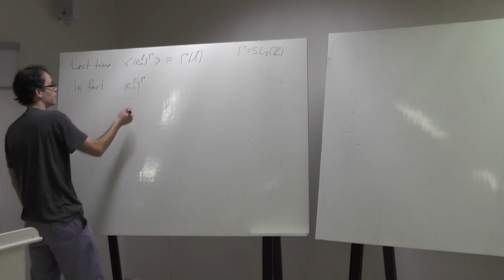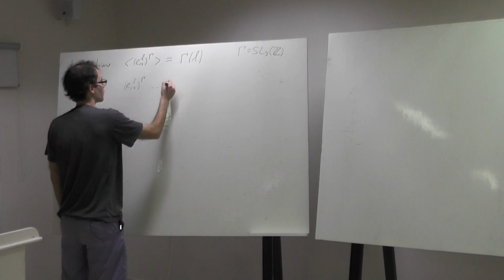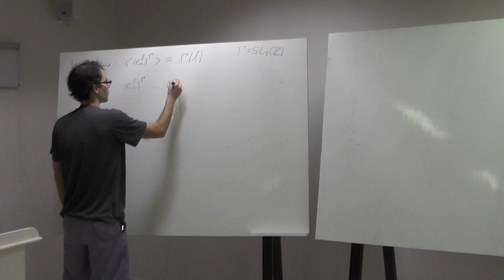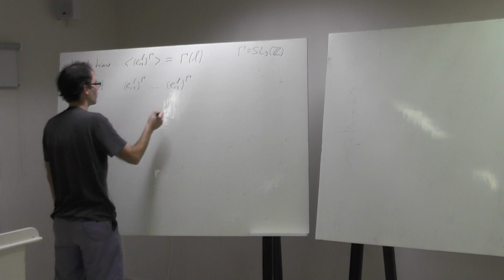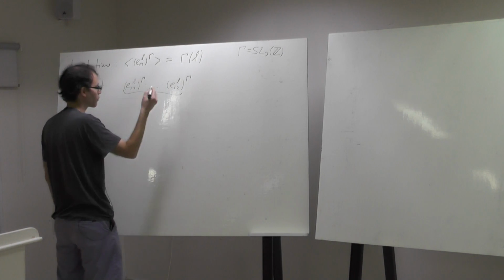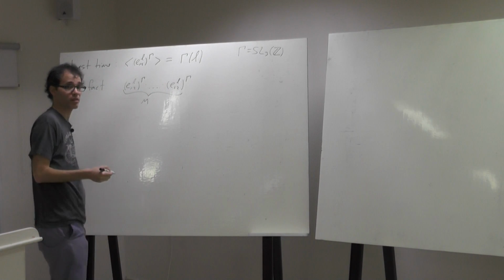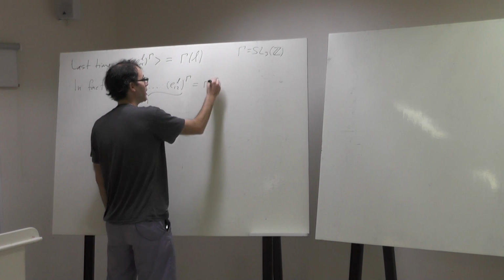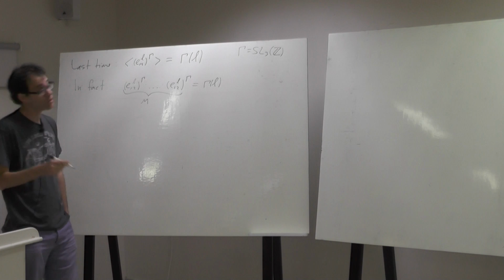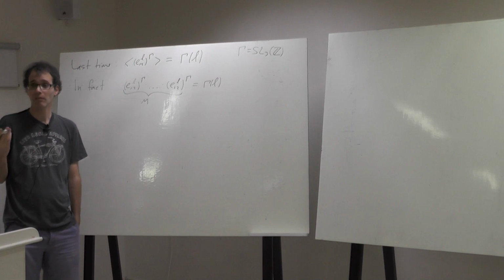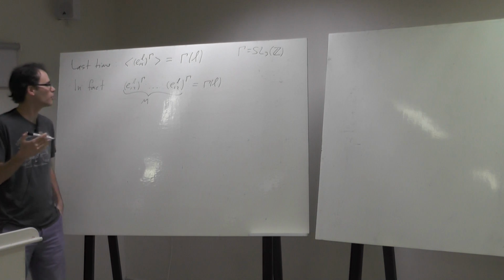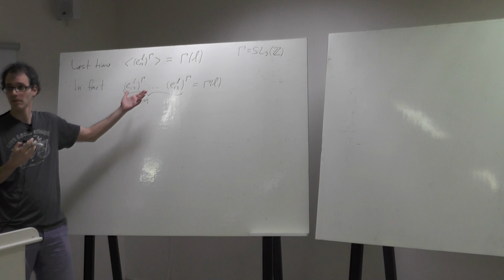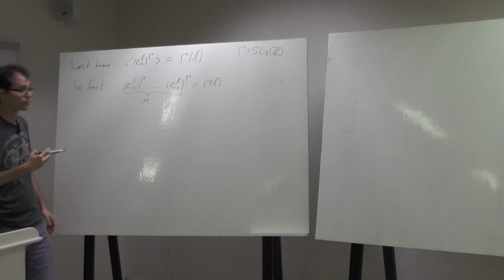So the claim is that every element is already a product of at most, I don't remember the number, some constant m elements of gamma L. And in fact, this constant does not depend on L. The way you prove it is actually you prove that this constant does not depend on L. You don't mean gamma, right?